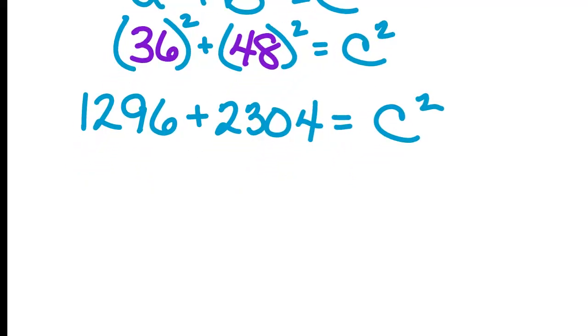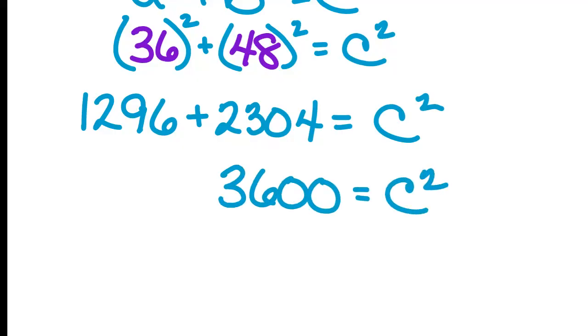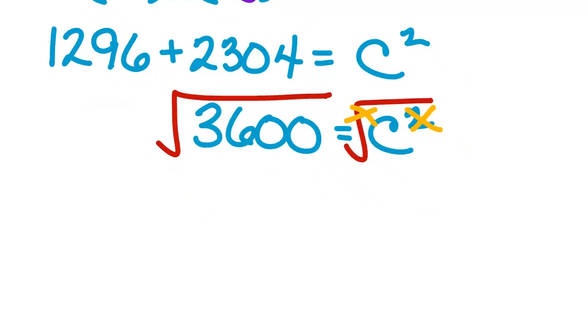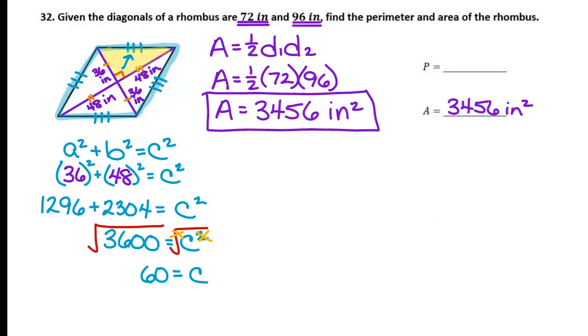What do we get when we add those up? 3,600 equals C squared. Now what? Square root. If you do it to one side, you got to do it to the other side. Squared and square root cancel out on C. What is the square root of 3,600? 60 is equal to C.